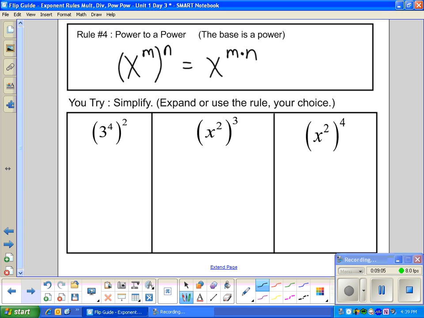It's a power to a power because my base is a power. This whole thing is a power. All right, so now you try these on your own. You can expand them if you want to, or you can use the rule, either one, or do them both to make sure that you understand. Pause me and come back when you're done.